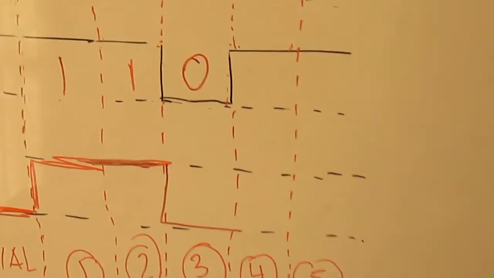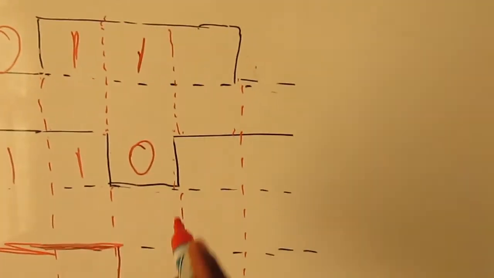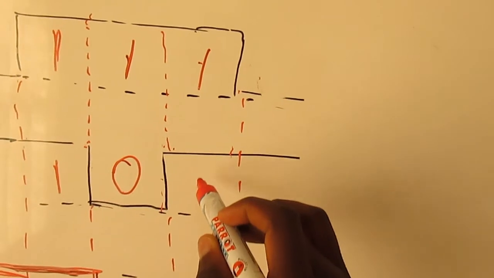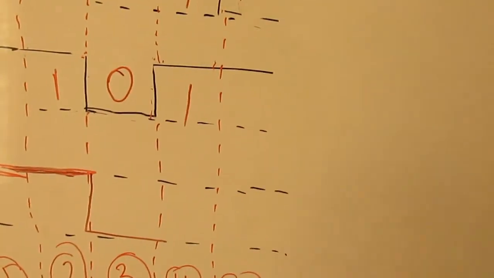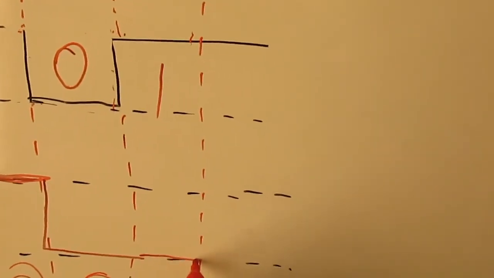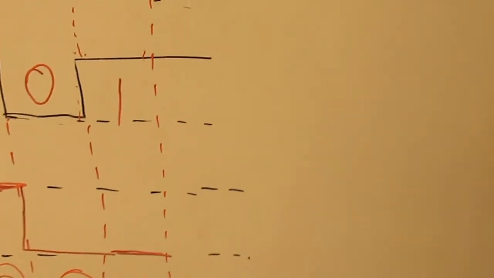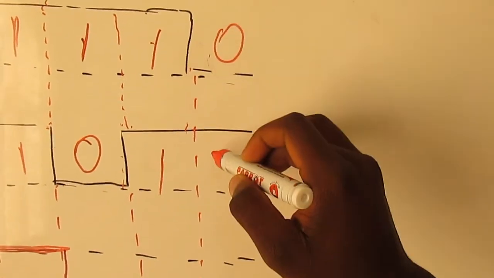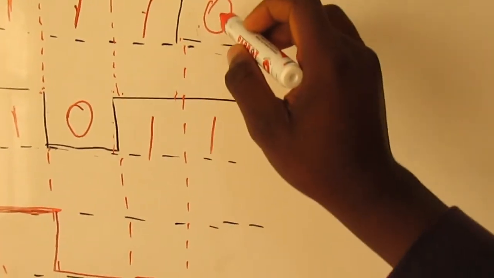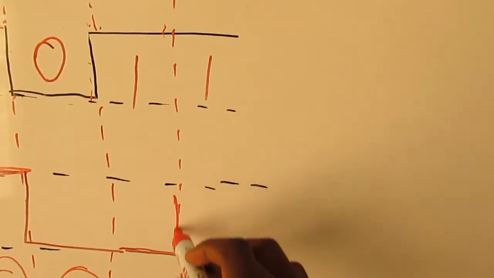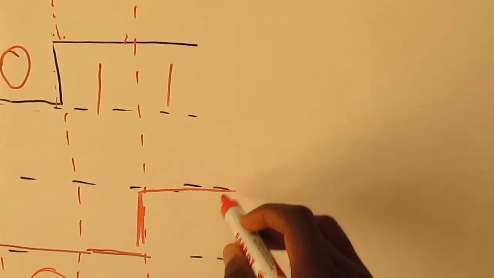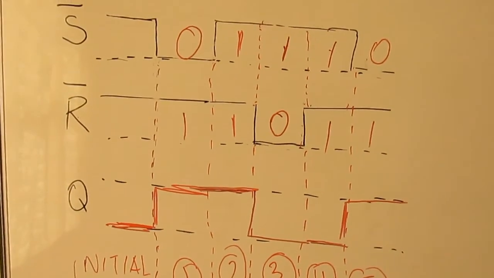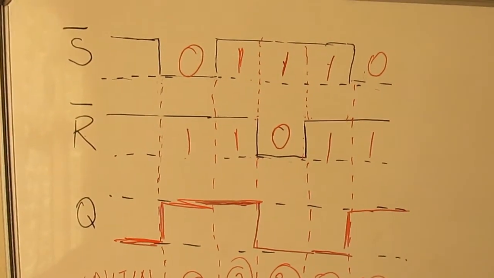Okay, and then you move to another column, and now you have a 1 1. What does that mean? No change. And again you move, you find that you have a 0 on the set, a 1 on the reset. 0 on the set, what does that mean? You set your latch. So that's how you walk through this kind of question.